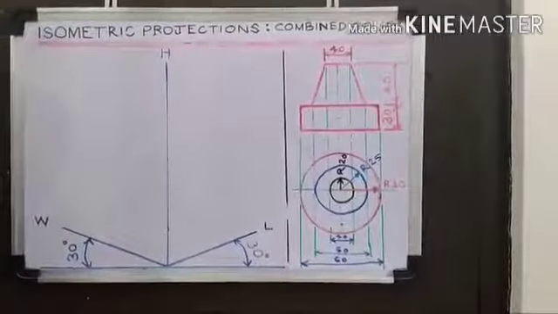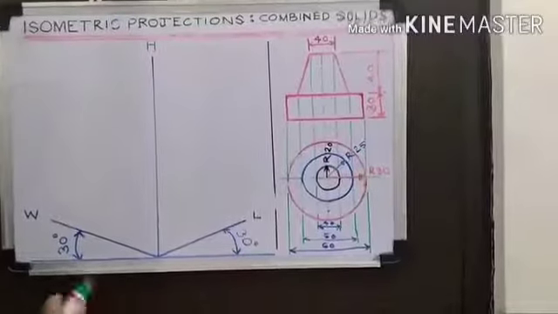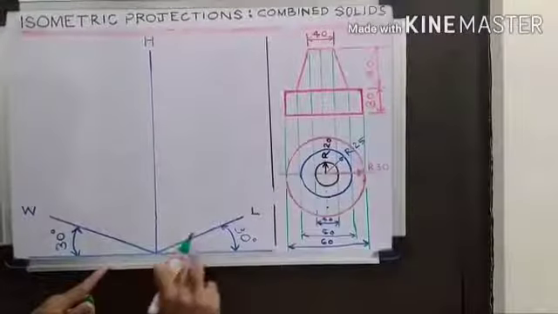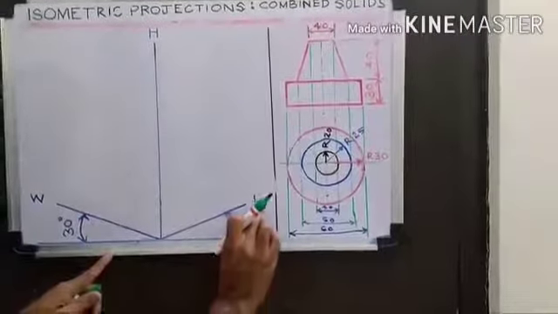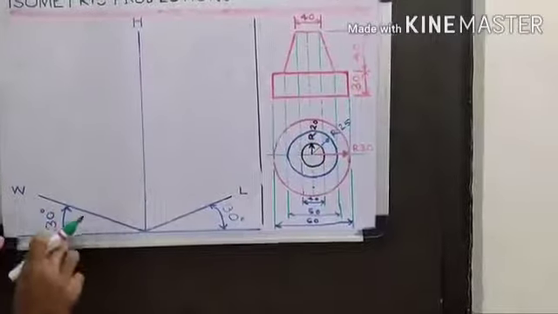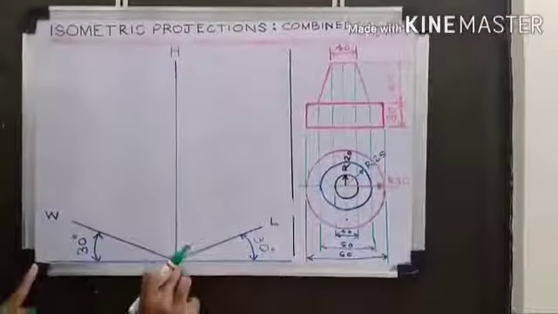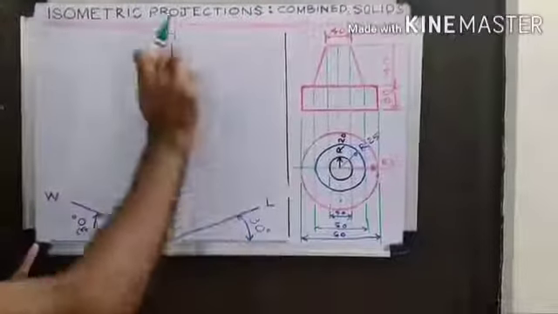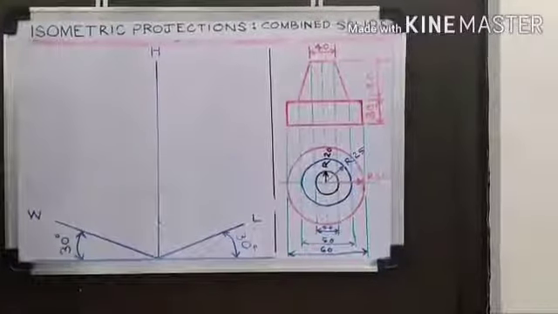Now the construction process. Isometric axis: horizontal line, 30 degrees right side line with respect to axis of length, left side making 30 degrees with breadth or depth. Now this is the line for axis regarding its height.